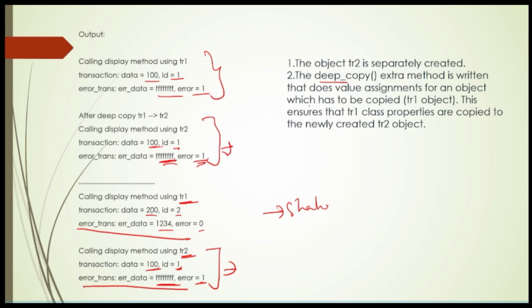By doing that, it ensures that all the properties within tr1, when copied, are newly created in tr2 without any disturbances or overriding in these two handles. Clear? So this is about shallow copy and deep copy.